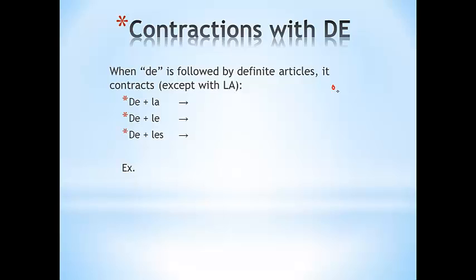So if you want to say of or from, okay, you're going to be using the preposition de. Okay. So as I said, de and la don't contract, so it just is de la. Okay. De plus le is going to contract to give you du. And de plus les is going to contract to give you des. Okay? So we have de la, du, and des.